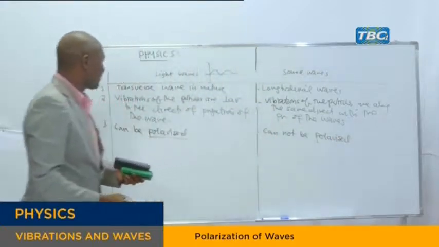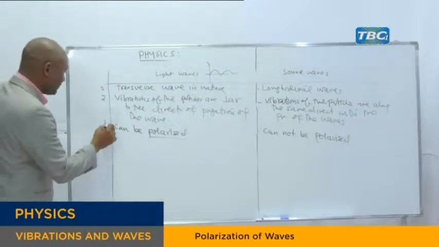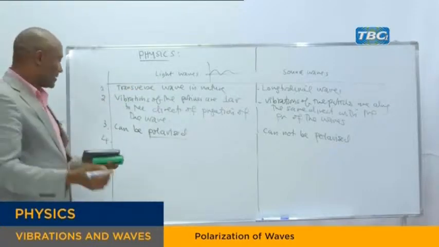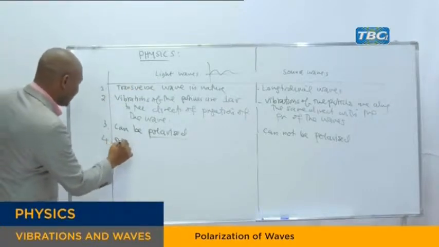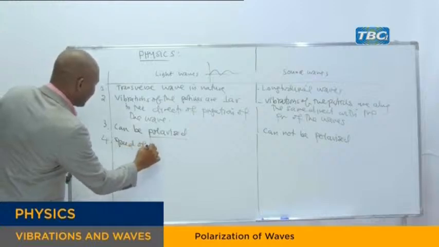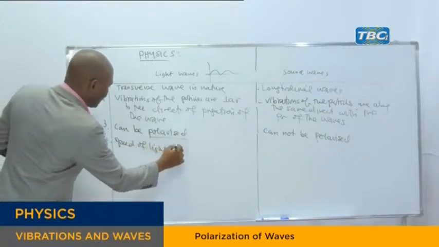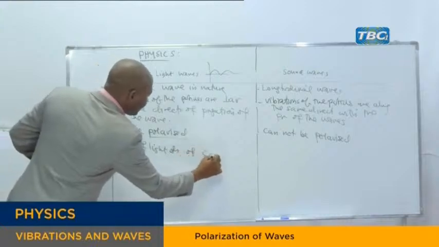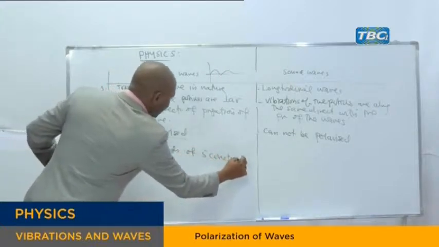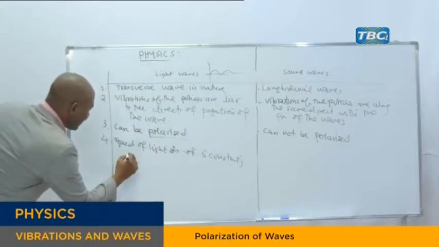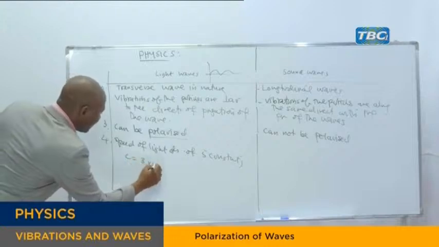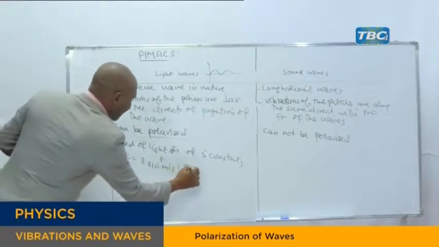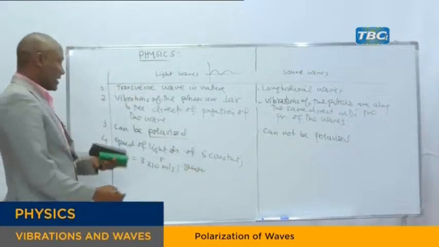Then, the speed of light waves does not depend on the medium. It's constant. The speed of light is given by c equals 3 times 10 power 8 meters per second, which is greater than the speed of sound.